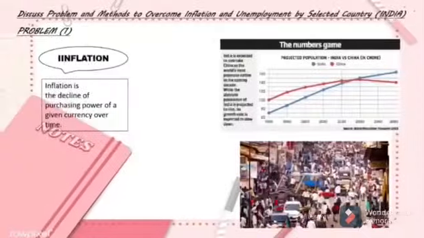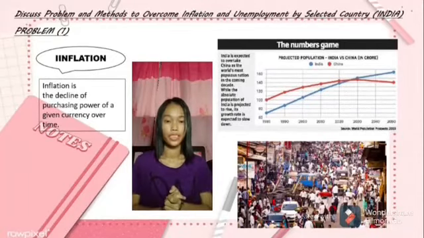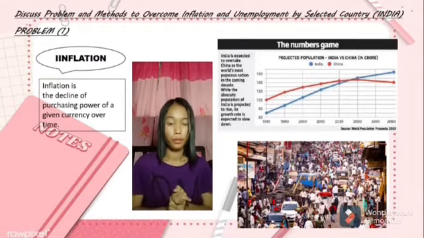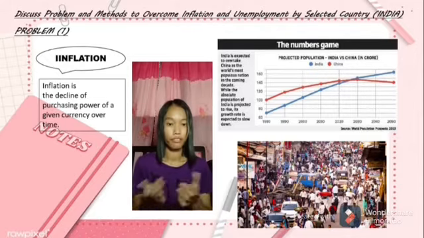Now, let's start. The first problem is the rising population. Population in India is rising day by day because they do not practice family planning.